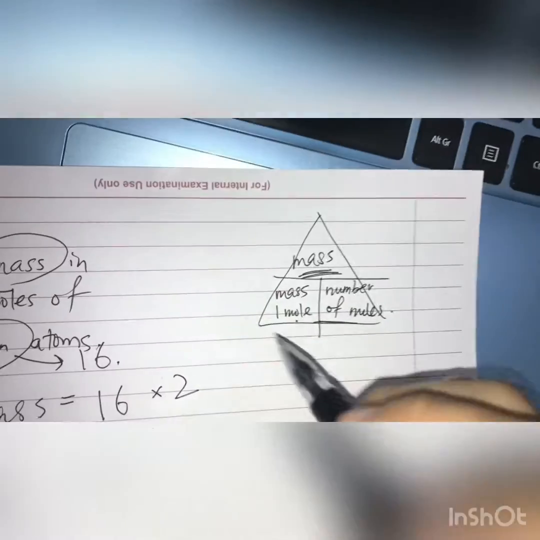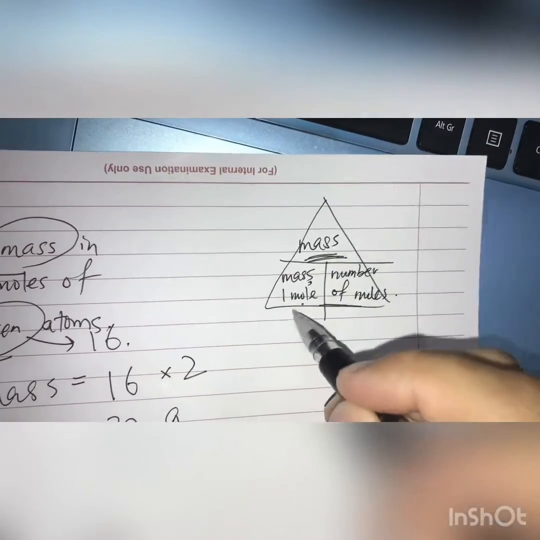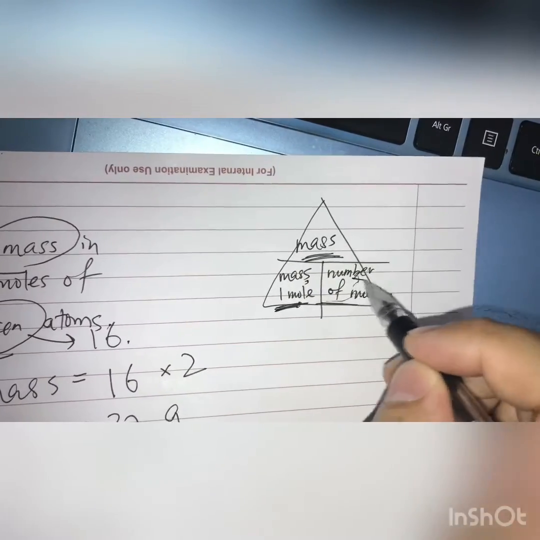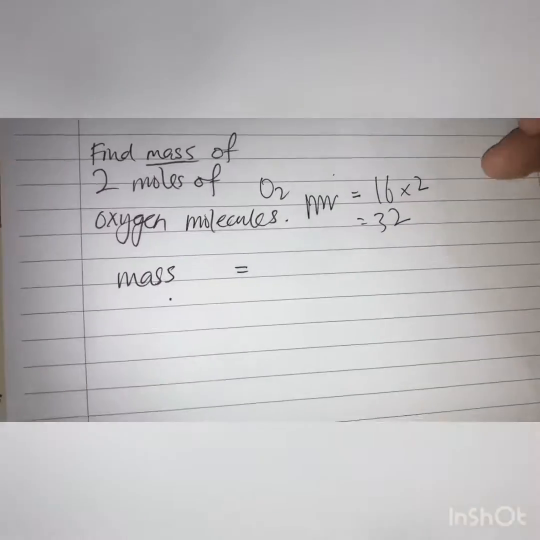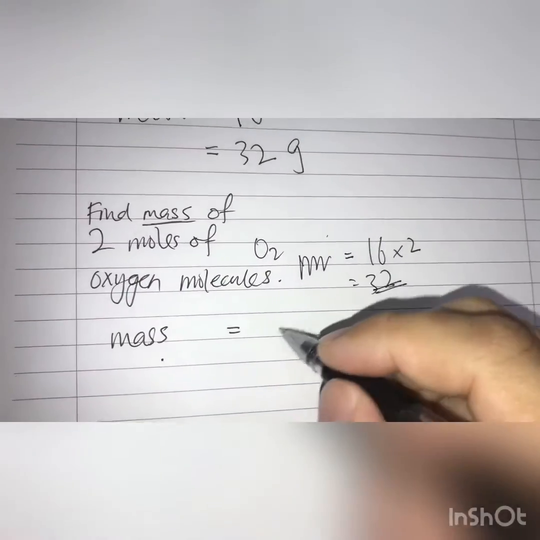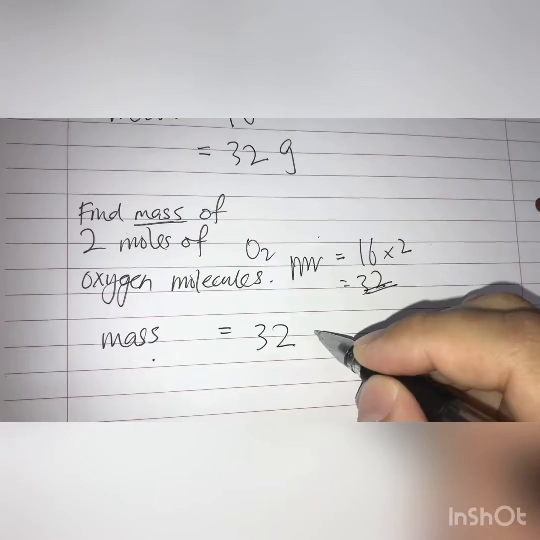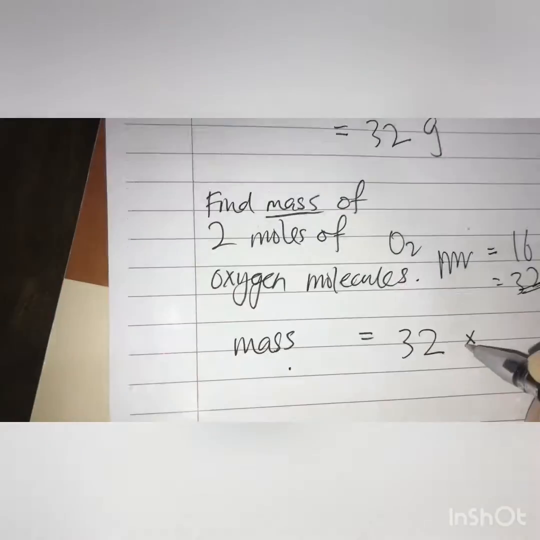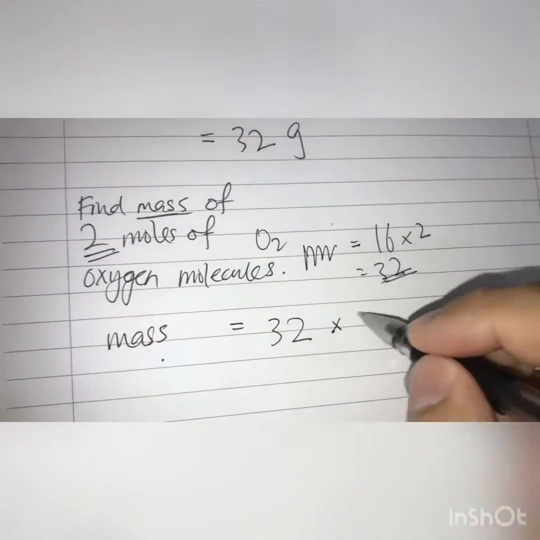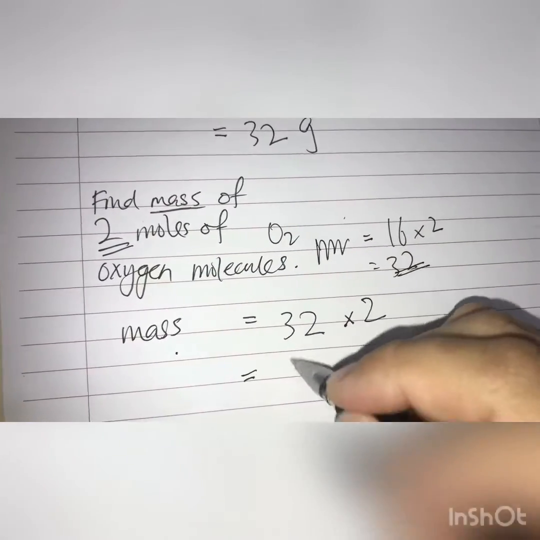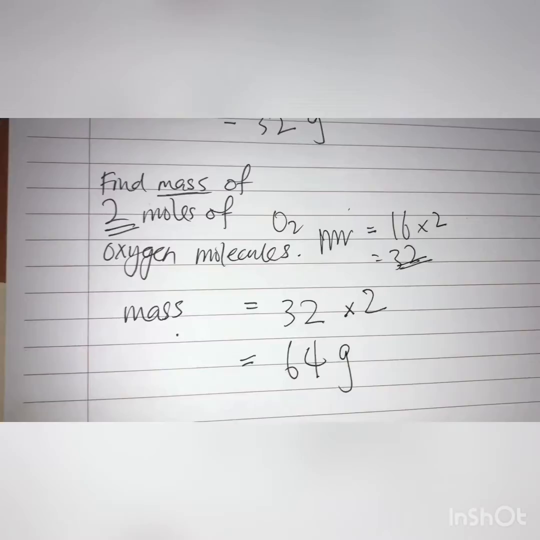So the formula is mass in 1 mole times the number of mole. Mass in 1 mole is 32, same as the molecular mass, times number of mole, which is 2. So the answer is 64 grams.